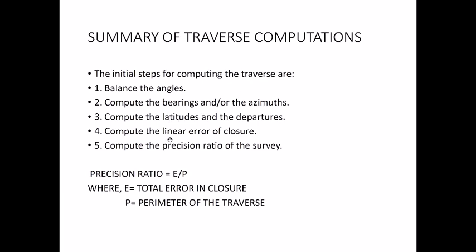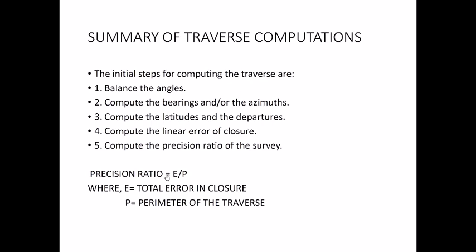Then we can calculate the total linear error of closure by the equation that we discussed before, and we can compute the precision ratio of the survey. This basically tells you, depending on how big your traverse is, what the total error in your traverse is. So precision ratio is given by E over P, where E is the total error in closure, given by the square root of the error in latitude squared plus error in departure squared, and P is the perimeter of the traverse.